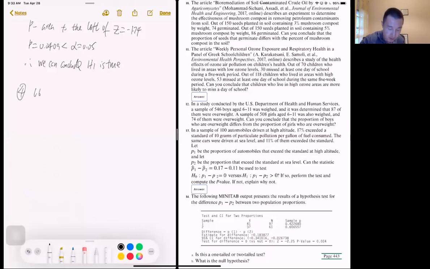So section 6.6, difference between two proportions. The equation will calculate the z-score from the sample proportion px minus py.